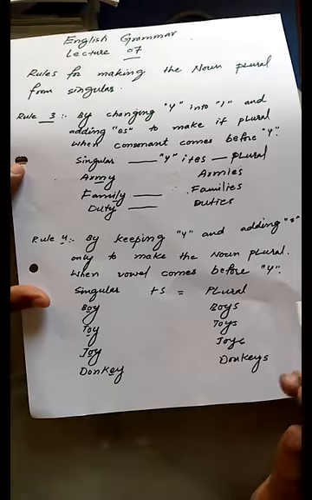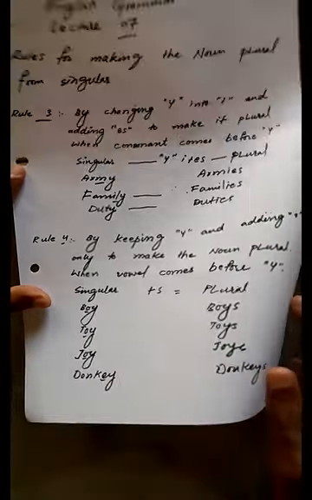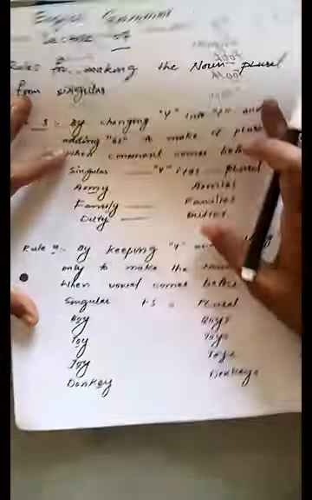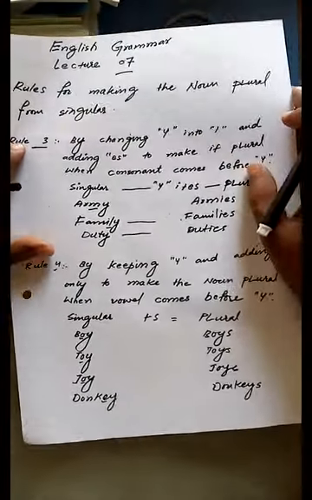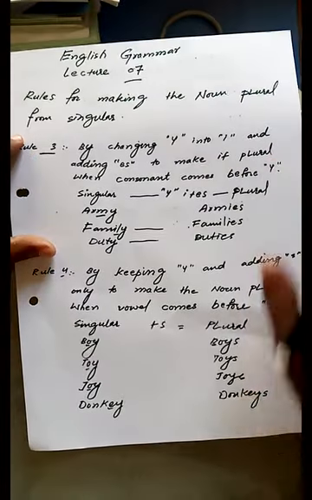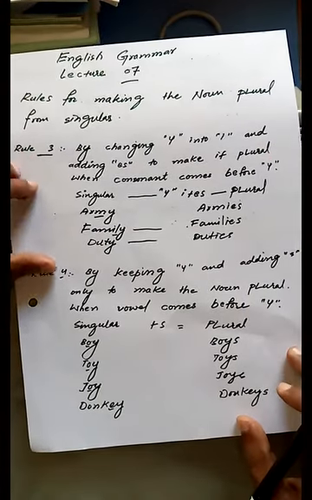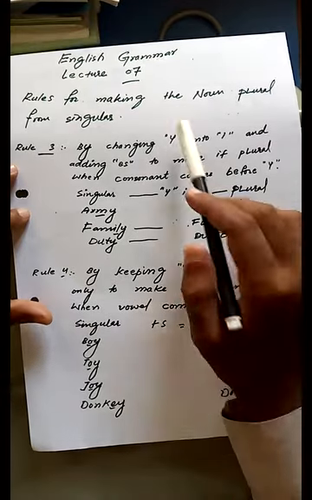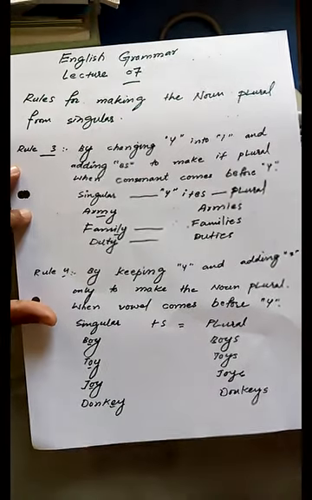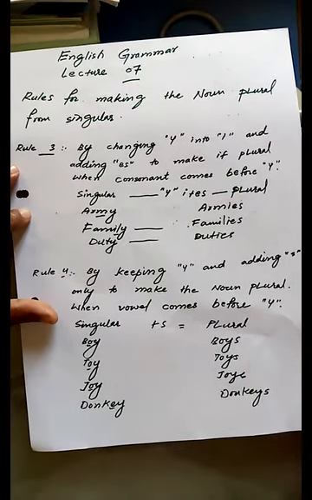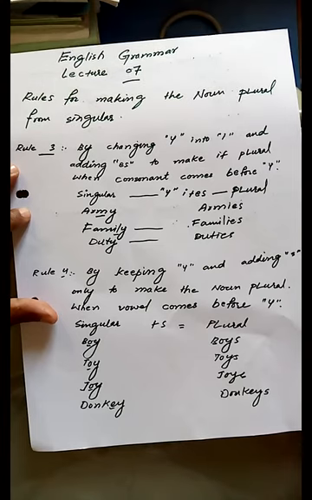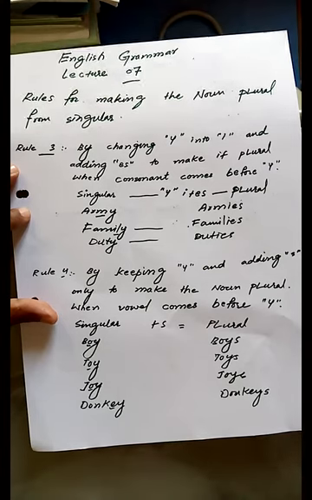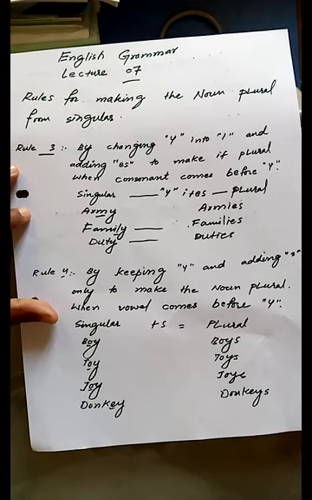So rules number 1 and 2 were learnt by you, and now it is time for you to learn about rules number 3 and 4. As I have written here, it is our lecture number 7, rules for making the noun plural from singular. I told you that nouns that can be formed into plural form are common nouns and sometimes collective nouns.